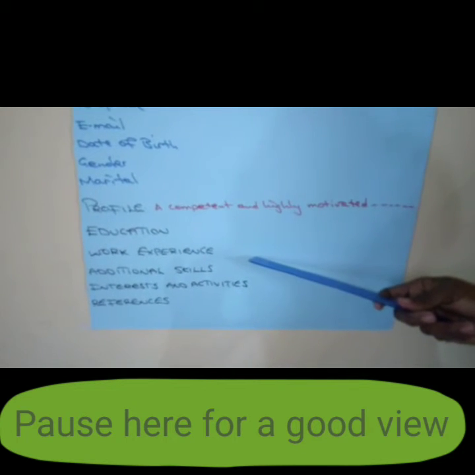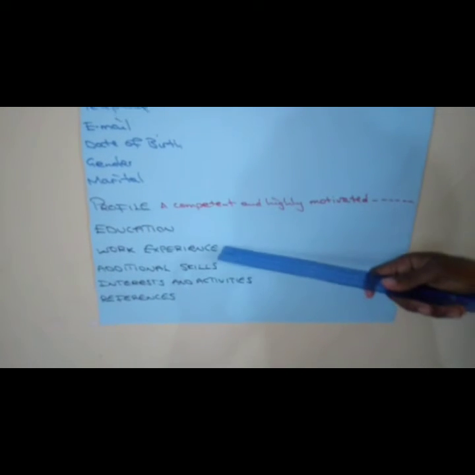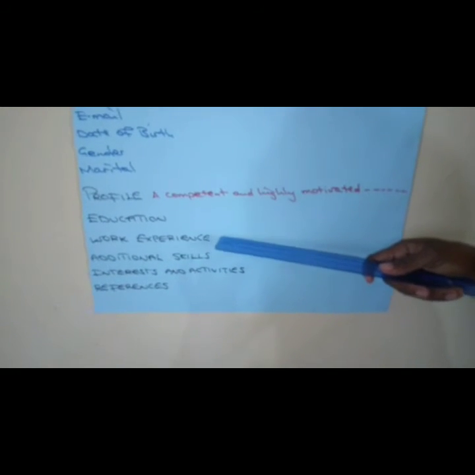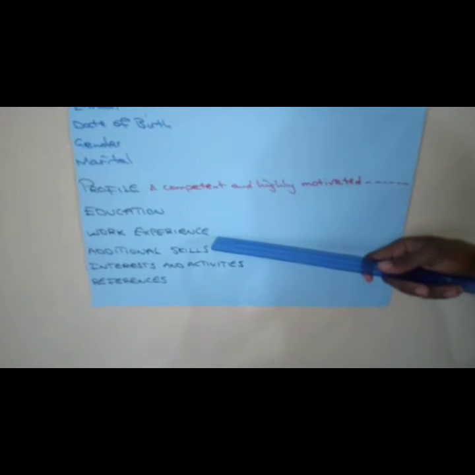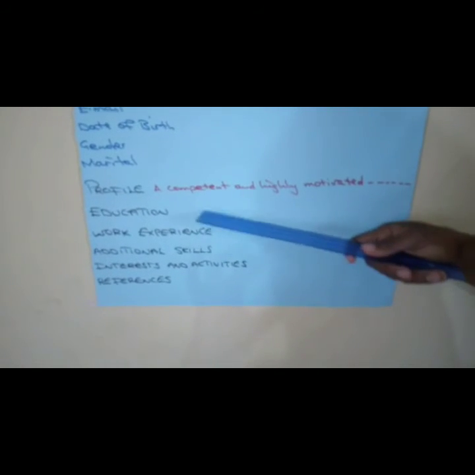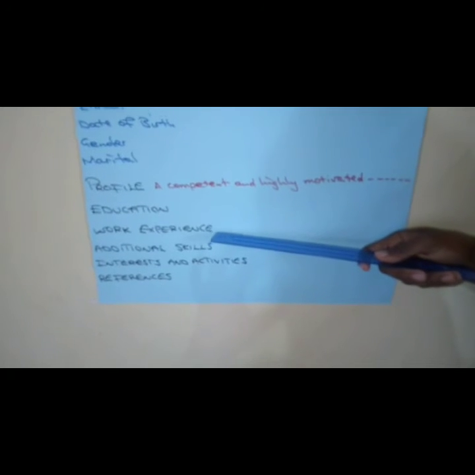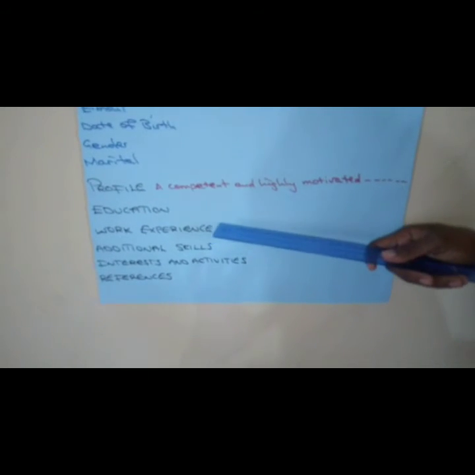Remember, you write your curriculum vitae to a particular institution, organization, or company because you must have seen an advert somewhere, and they wanted someone with specific qualifications and qualities. So if you have those qualities, it's no wonder you could be writing a curriculum vitae.